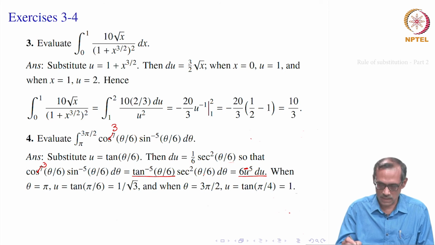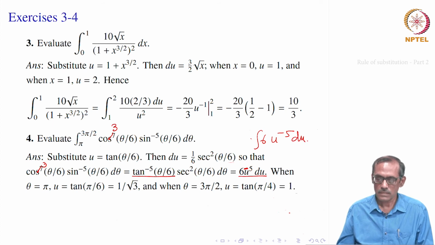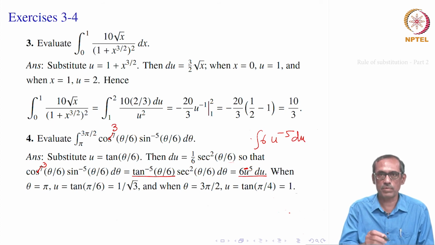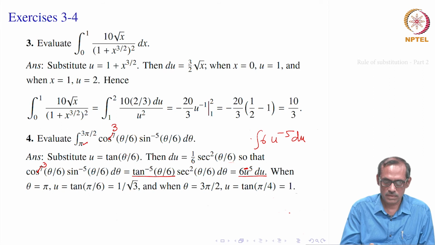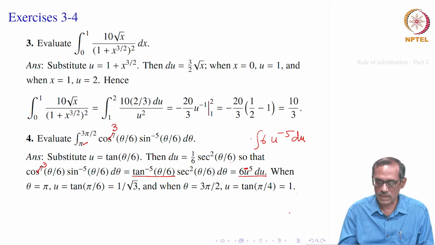The integrand is 6 u to the power minus 5 du, and we have to take the limits, of course. So when theta equals pi, u equals tan of theta by 6, pi by 6, it is 1 by root 3, and when theta is 3 pi by 2, u is 1 by 6 times 3 pi by 2, which is pi by 4, and tan of pi by 4 is 1.